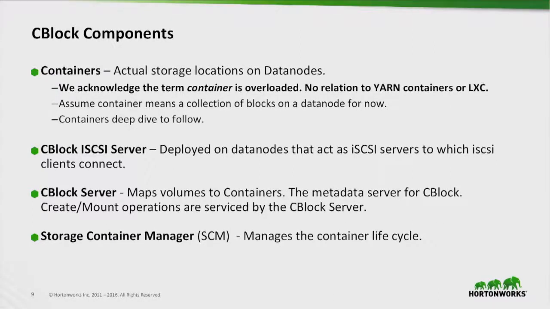We have a fixed container size, so if you say create 1 terabyte, it will map to 200 containers, given the default container size of 5 GB each. And the mapping of the block to the container is very simple and straightforward. There is no actual lookup on the CBlock server side once the I/O is invoked.